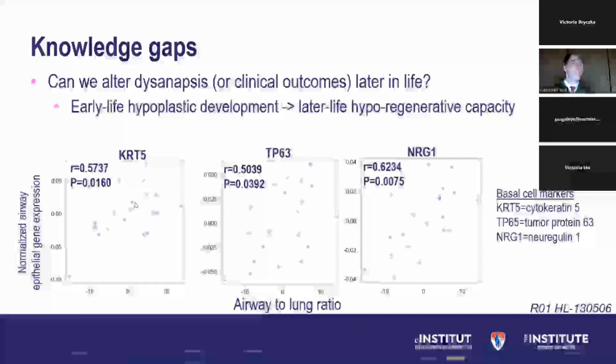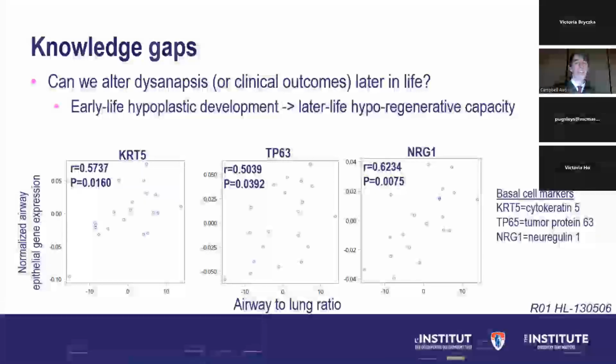These are 20 never smokers, so take it with a grain of salt, but it suggests that people who develop more hypoplastic airway trees may have less capacity to maintain themselves in adulthood. So that might be an active target in the era of stem cells and regeneration.